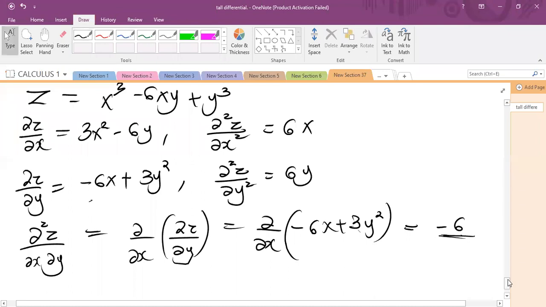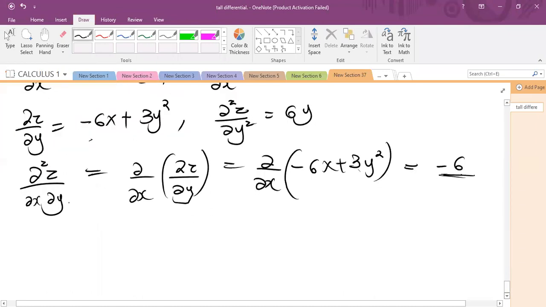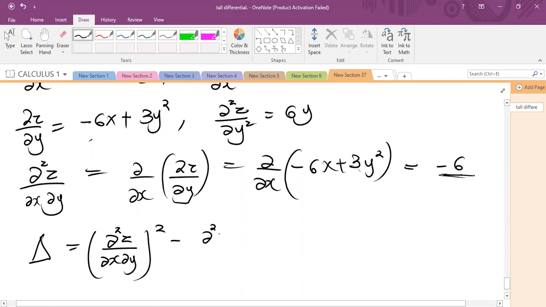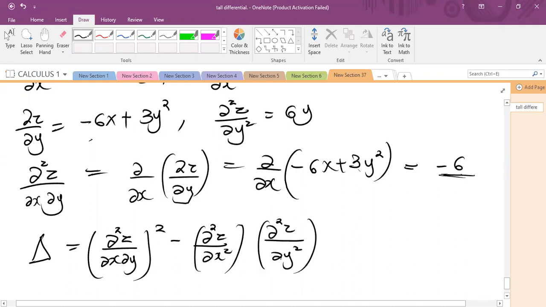Then we replace them into the equation so that we can determine the nature of our stationary point. The equation is the partial derivative of z with respect to x and y, squared, minus the partial ∂²z/∂x² times ∂²z/∂y².